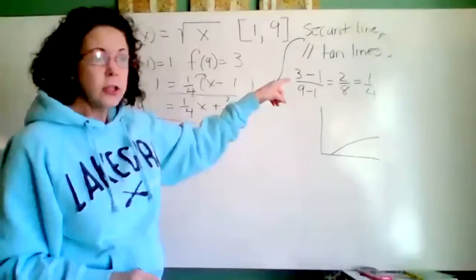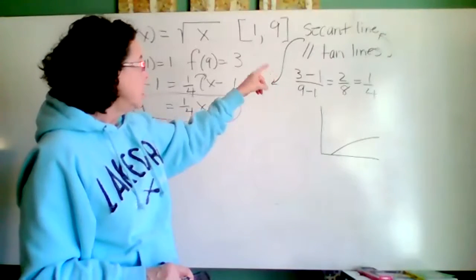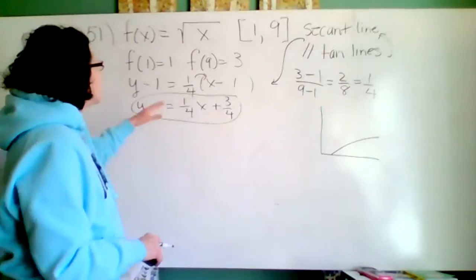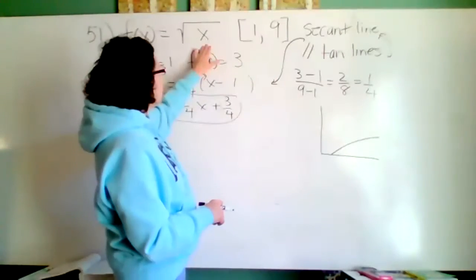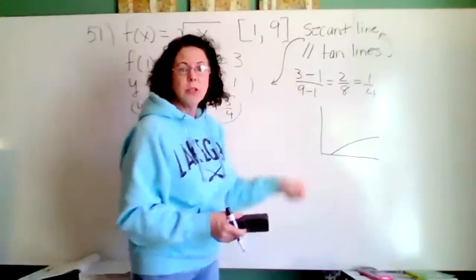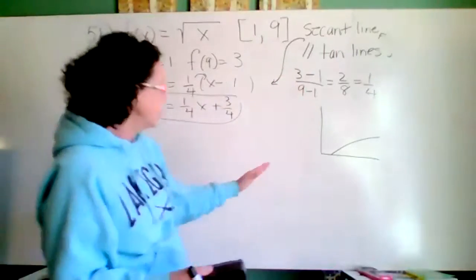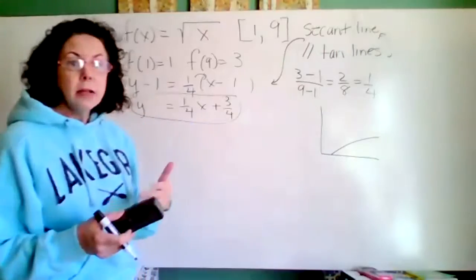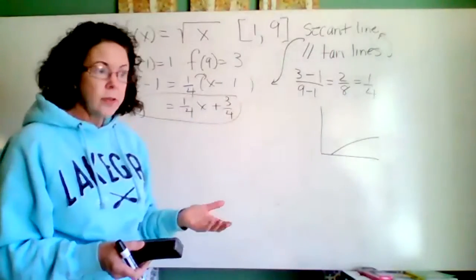What they also want, though, is the equation of the tangent line that is parallel to that secant line. We know that this is a continuous function. It is for x greater than 0. And because we're between 1 and 9, it's continuous and differentiable on a closed interval. And so this is actually the mean value theorem.